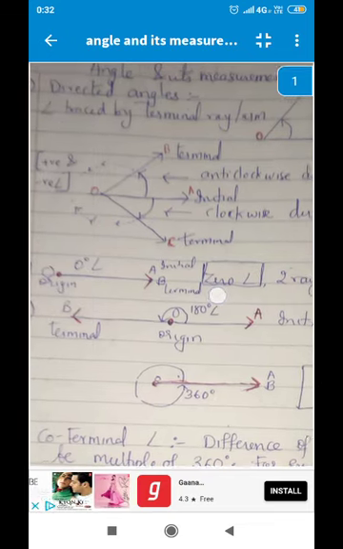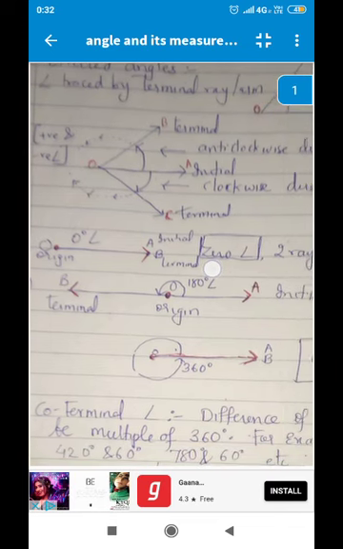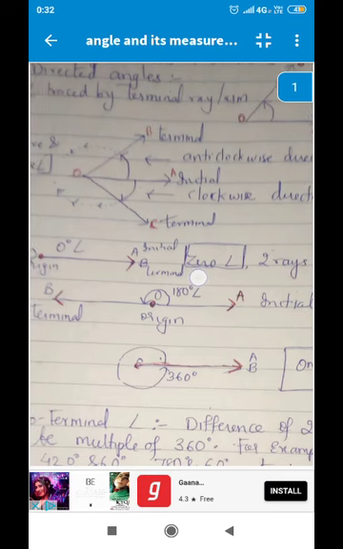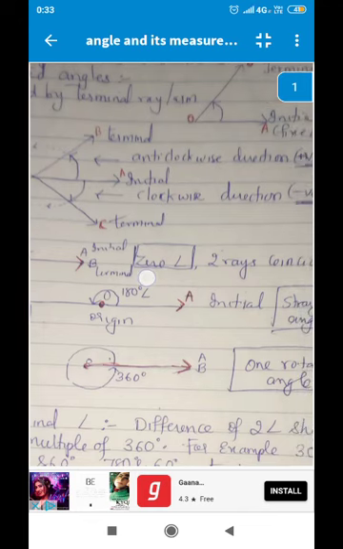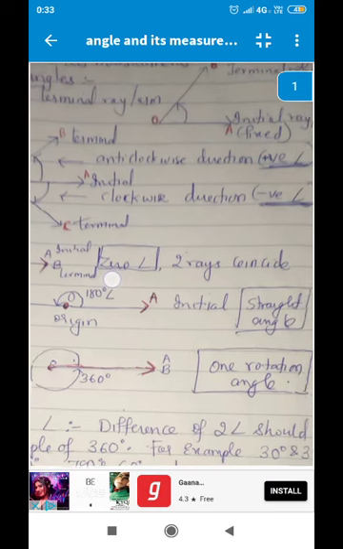Now another term used in this lesson is positive angle and negative angle. From the initial arm, if the terminal arm moves in the anti-clockwise direction, anti-clockwise means against the direction of the clock, that is called a positive angle.